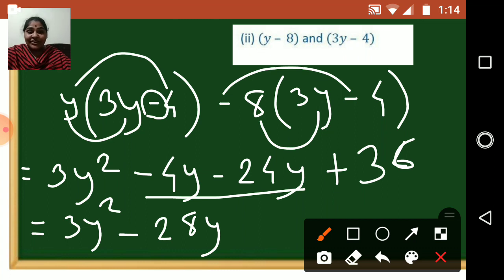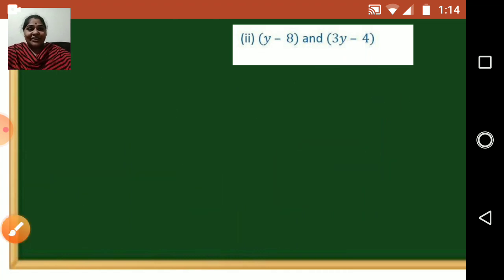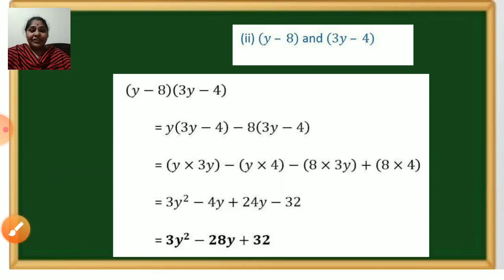Not square, children. This is addition, right? So here we will not write y square. We are adding, children, not multiplying. So it will be just 28y minus 28y and plus 36 as it is. So let us see the solution. Sorry, 32 it is. 8 4s are 32, children.